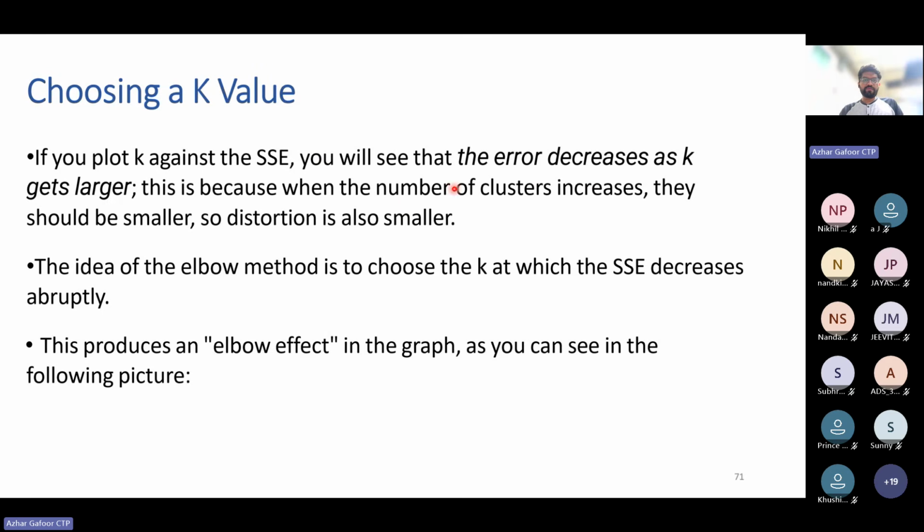So we'll see that error decreases as K gets larger. It's because when the number of clusters increases, they should be smaller, right? So their distortion is also smaller.